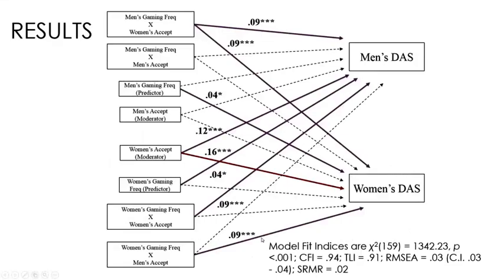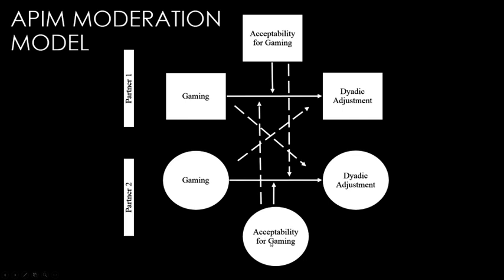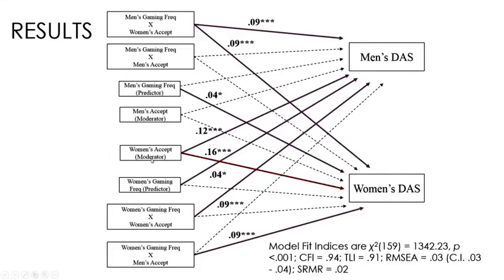When you actually map this out, remember when you do your moderation, you're going to do your independent variable times your moderator. I'm going to have it for just him, and then I'm going to have his gaming on her acceptability, her gaming on herself, and hers on his, and his on himself, and his on her. So it actually creates 4 moderating variables.